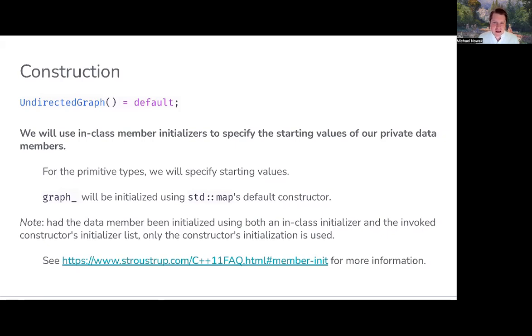So it would effectively ignore the in-class member initializers and use whatever values we had specified in the initializer list to provide as the starting values for those members. And there's an interesting FAQ entry on this on Bjarne Stroustrup's website, and I would refer you to that if you're curious about these kinds of specifics.